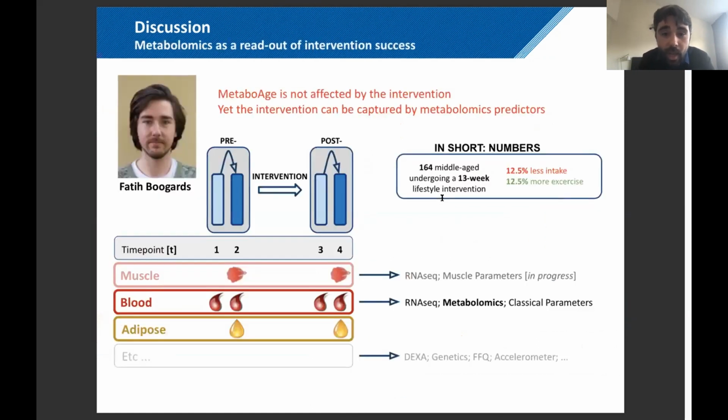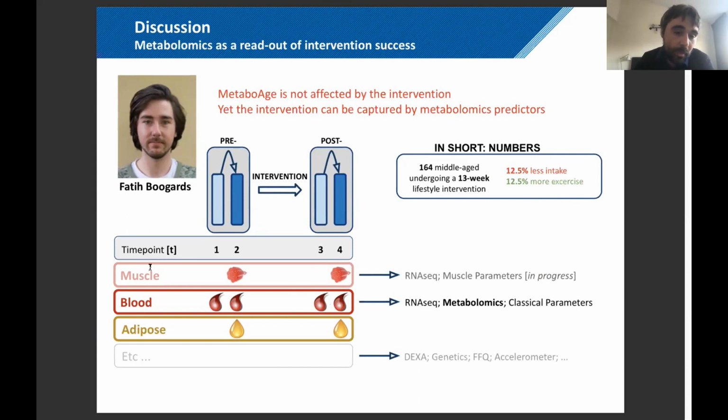Okay. Another thing we wanted to evaluate is an intervention study we have within the consortium, where we try to intervene on someone's health using a healthy lifestyle intervention. In short, in this study, the Go-Lifestyle study, 164 people went through a 13-week lifestyle intervention with less caloric intake and more exercise.